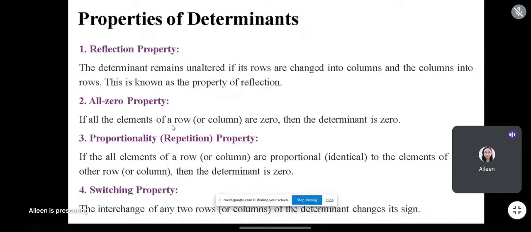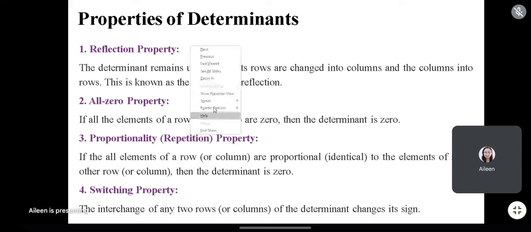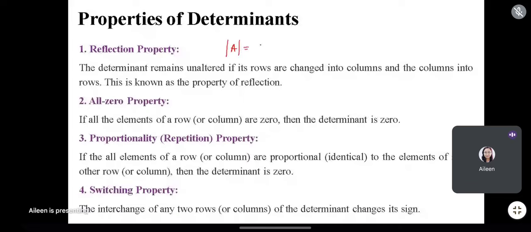Next, yung number 3 natin is if all elements of a row or column are proportional or identical to the elements of some row or column, our determinant is 0 also.